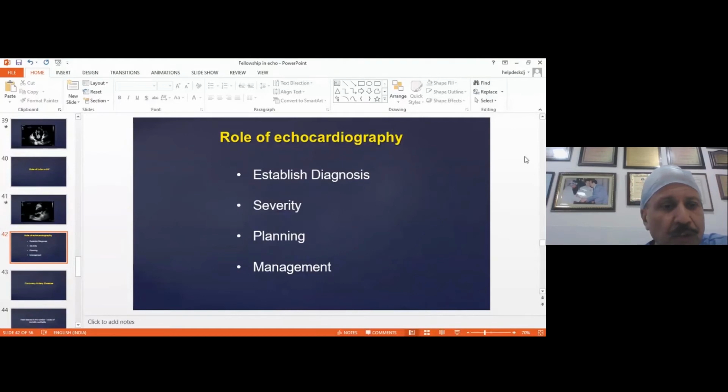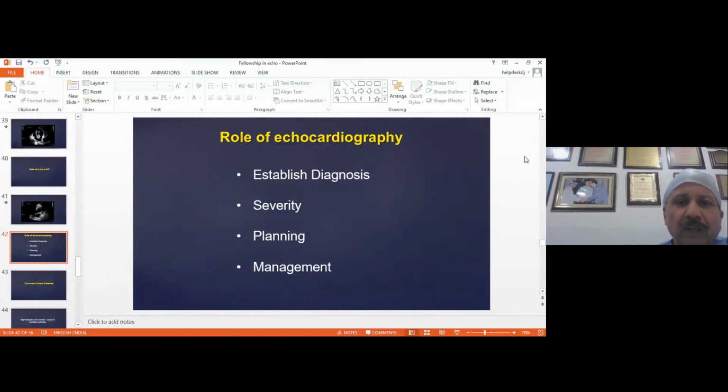Every patient with aortic stenosis, if it's not severe enough, or aortic regurgitation, for example, will go for medical therapy and will come to you in 6 months or 3 months. So you can plan medical follow-up. You can plan intervention. And in intervention, you can plan whether this patient should go for TAVR, for SAVR, or for surgery.